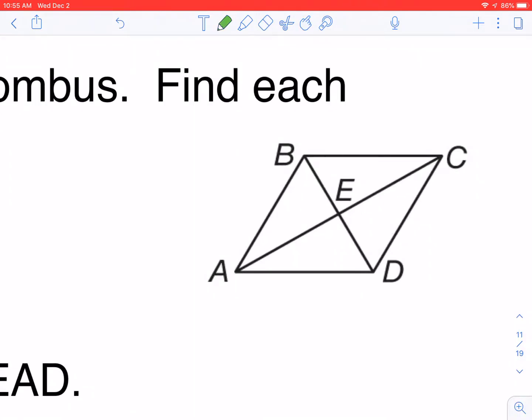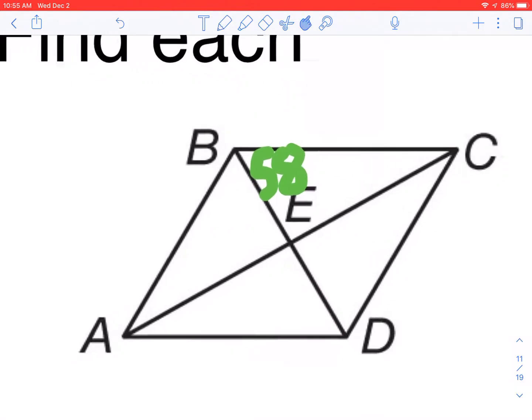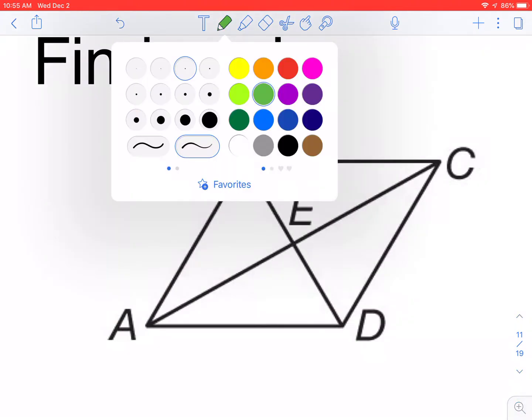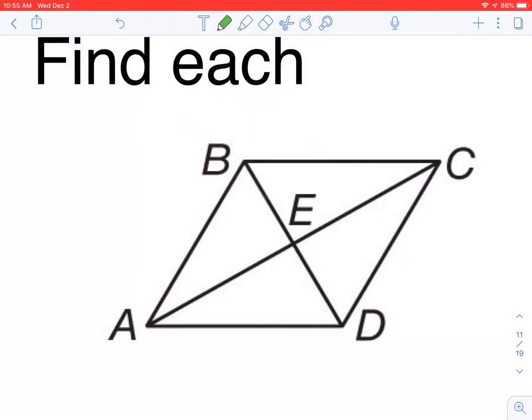This is 58. Actually, I'm going to zoom in more, and I'm going to write that smaller. Okay, this is 58. We are trying to find EAD. All right, so this is actually a multi-step problem.